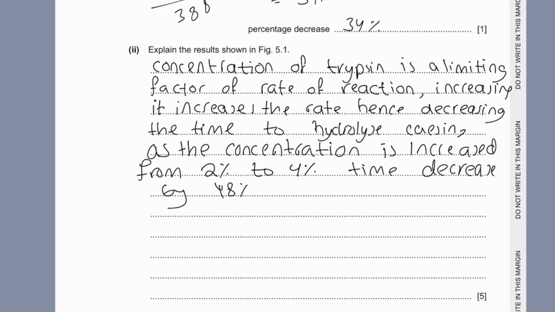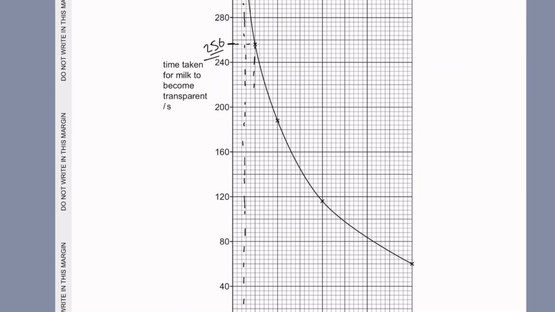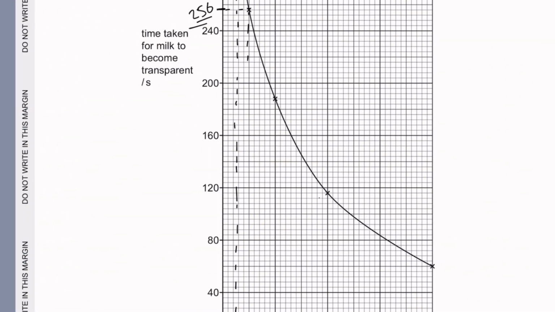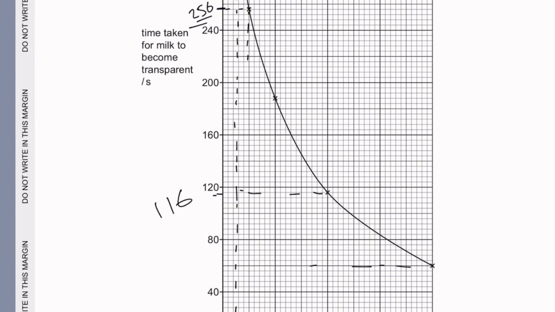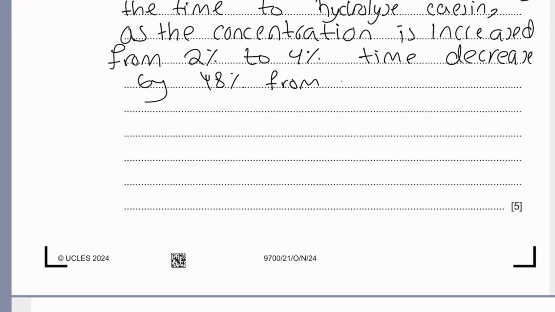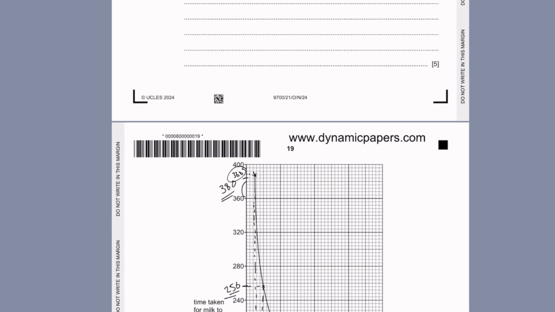And we can go to the results here. For example, at 2% it's at 100 and I think 116, whereas at 4% it's only 60. I think in seconds. Yes.